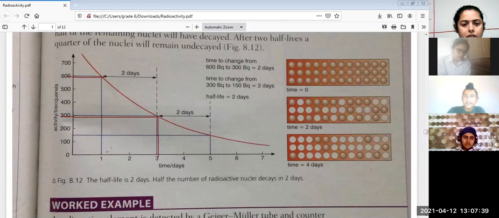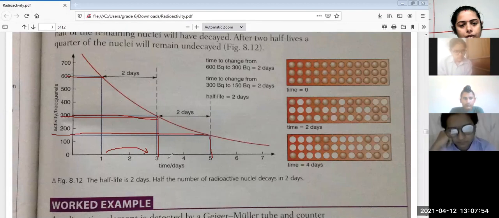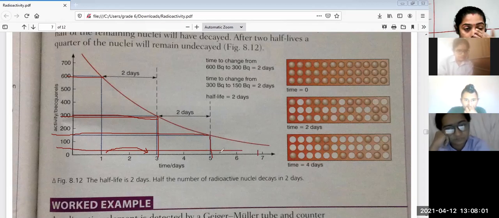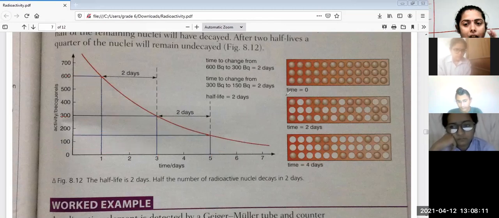It shifted from 1 to 3, so the half-life was 2. Then again 300 halves to 150 in the next 2 days. 150's half is going to be 75 in the next 2 days, whatever it is. Fine. So that is going to be half. Half means when it is going to reach its half level. What radiations the atom is emitting at that point, when it goes to half of it.